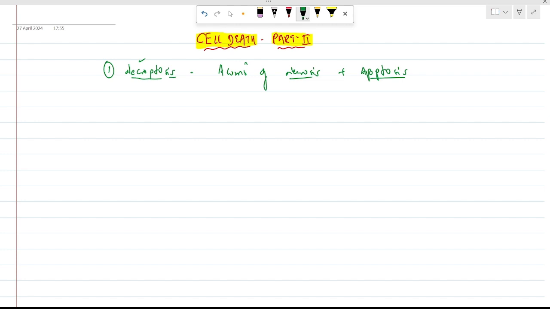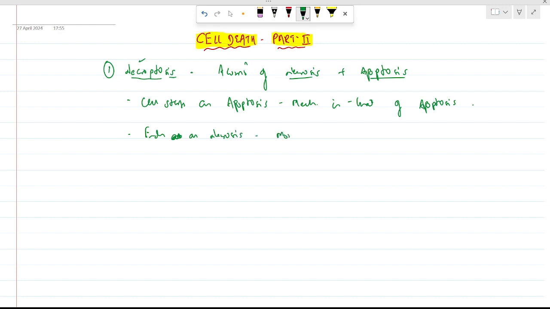Here the cell starts as apoptosis, that is, the mechanism is that of apoptosis, and the cell ends as what? Necrosis. The cell ends as necrosis.